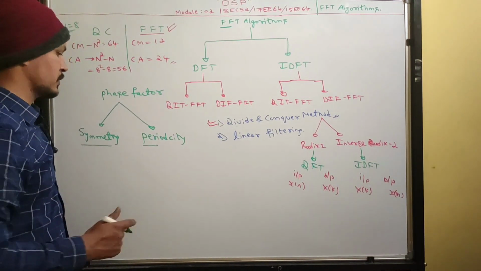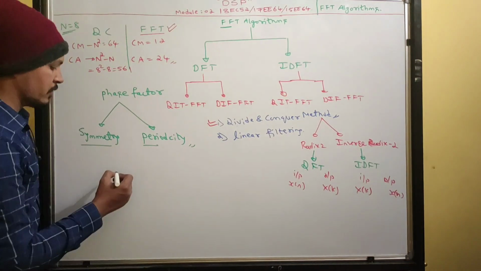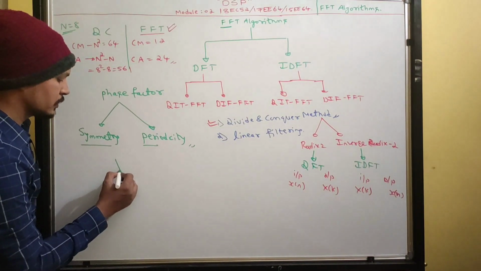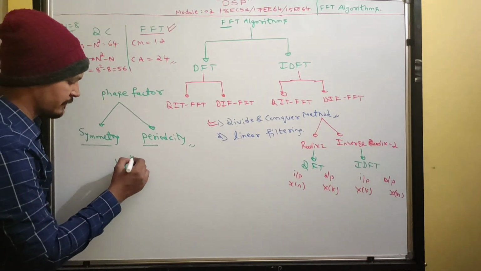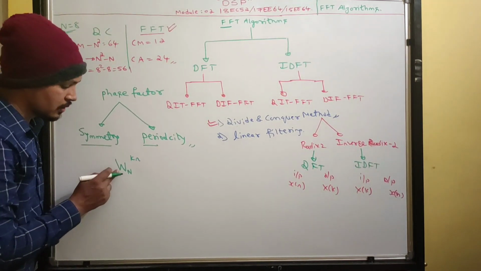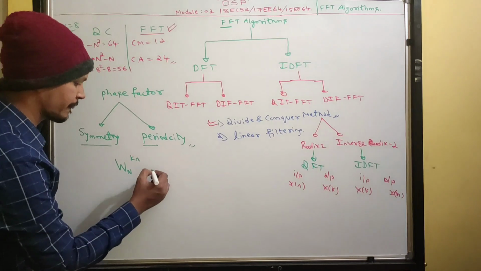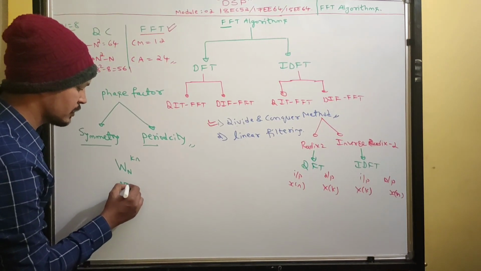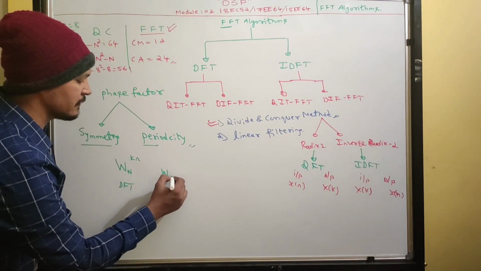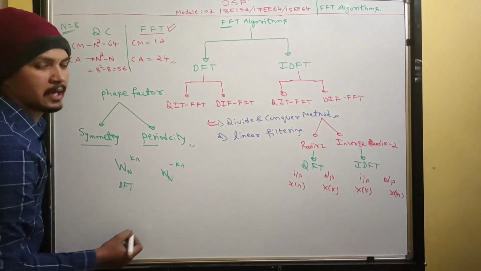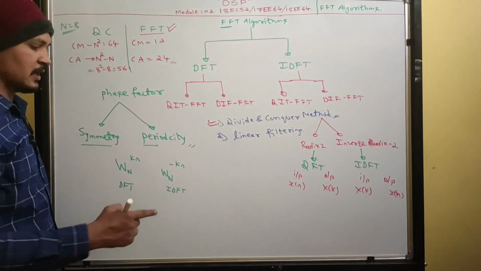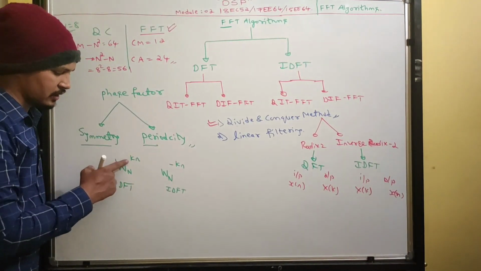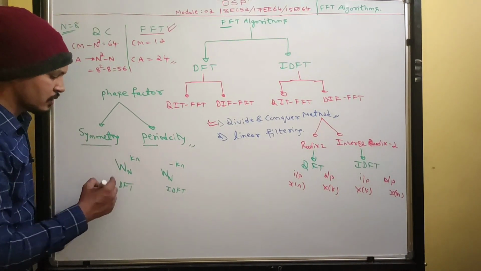Along with that, we also know the twiddle factor. The twiddle factor for DFT is written as W_N^{kn}. The twiddle factor for IDFT is W_N^{-kn}. IDFT uses minus and DFT uses plus.